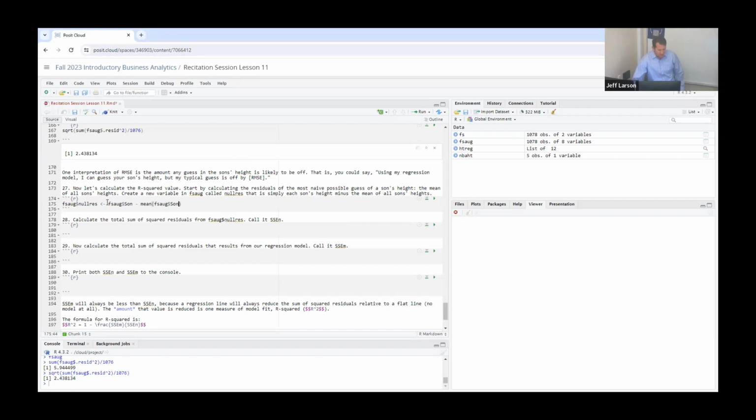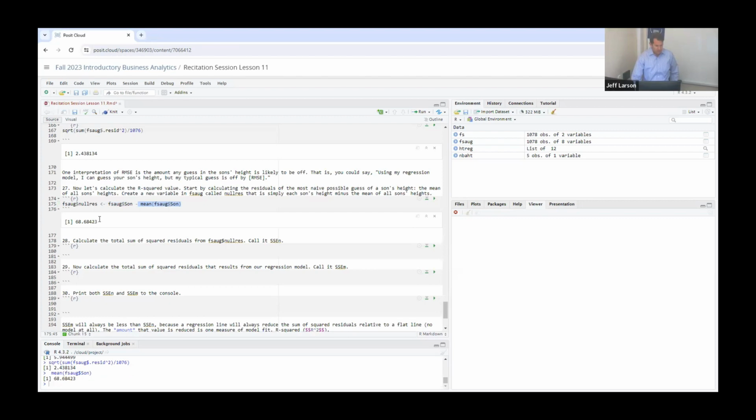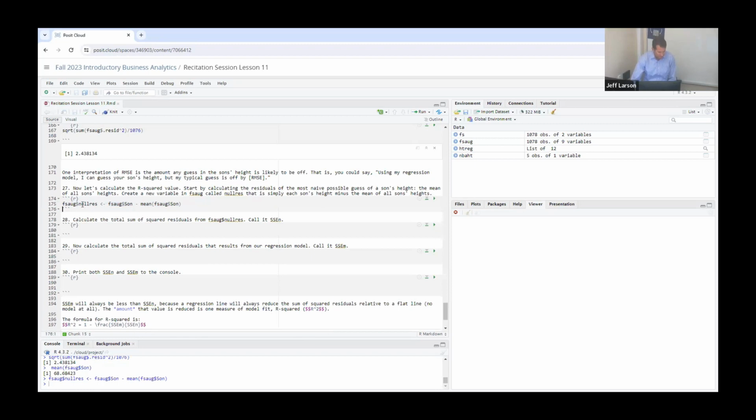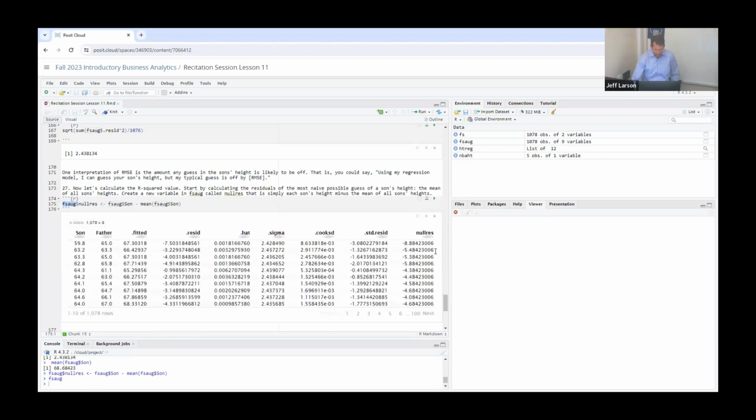Okay, so when I do that, I'm taking every sun and I'm going to say, hey, I don't know how tall you are, but I'm going to guess you're basically 68.68 inches, right? That's what the mean of FSOG $sun is, right? We're just going to take every person's height, subtract the mean, and then save all of those in this column called null residuals. This is how far off are we if we just guess 68, the same average for every person.